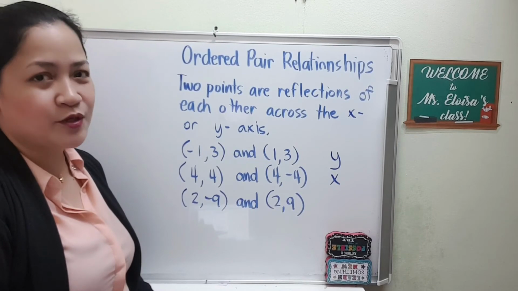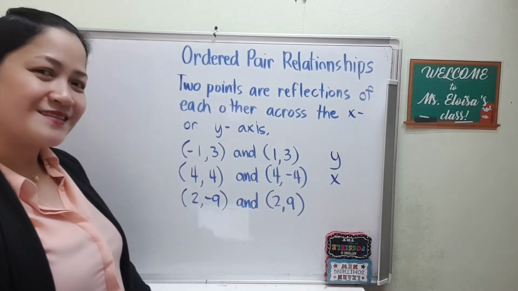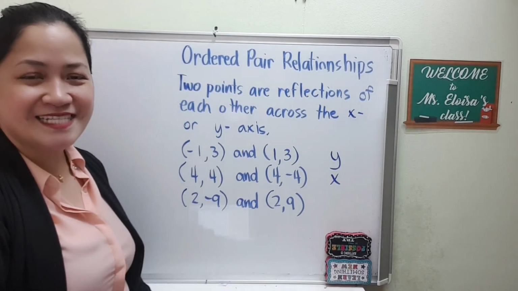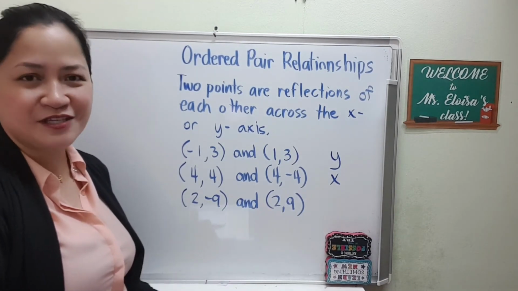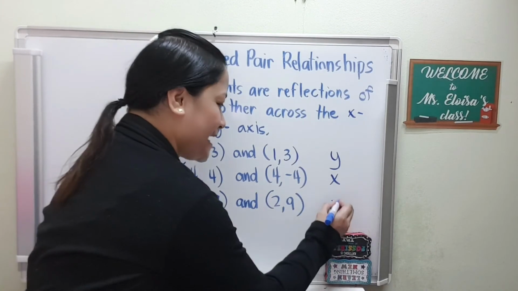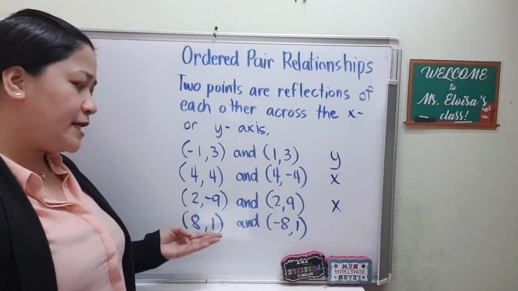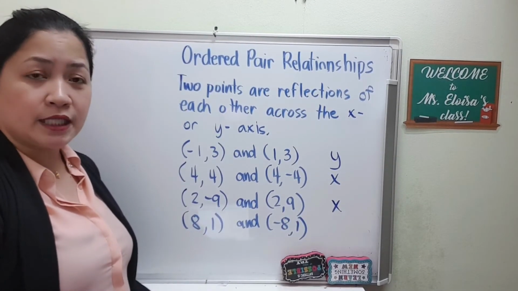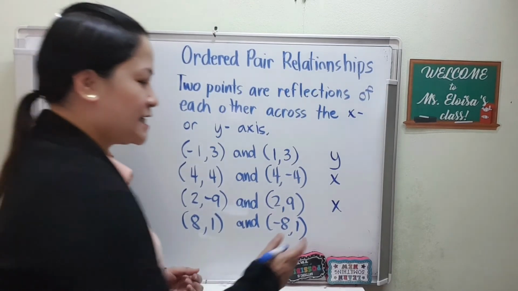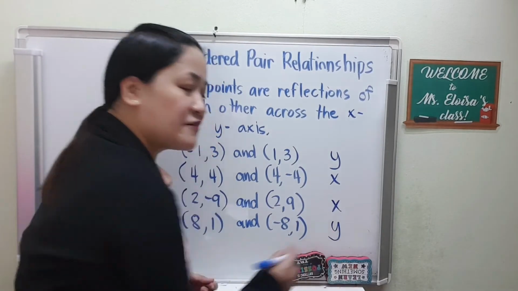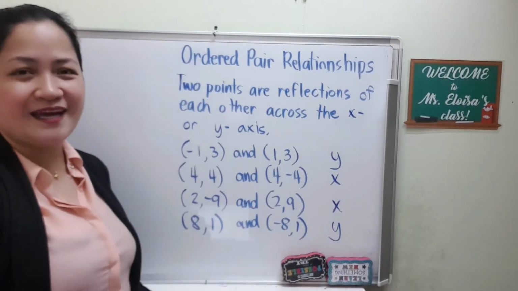Is it the x or the y? The x-coordinates are the same. That means these 2 points are reflections of each other across the x-axis. How about 8, 1 and negative 8, 1? Which coordinates are the same? The y-coordinates. Therefore, they are reflections of each other across the y-axis.